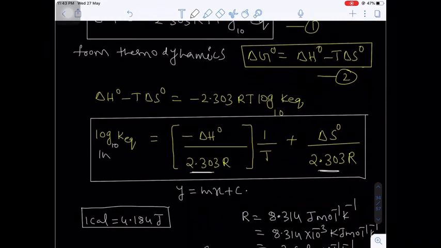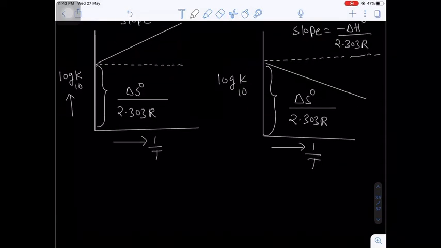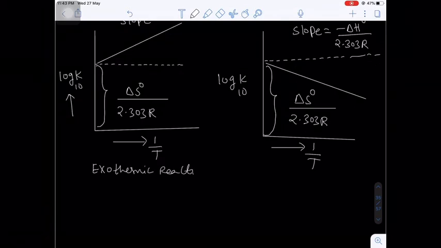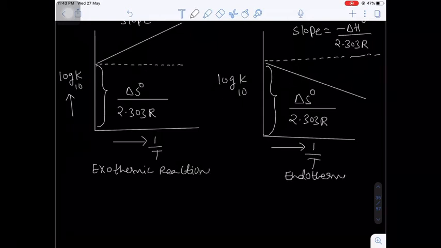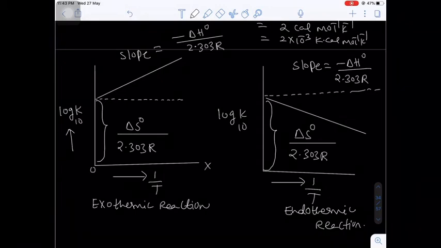Now in this graph, the first graph corresponds to an exothermic reaction, and the second graph corresponds to an endothermic reaction. If you have any doubt, again the same concept. On the x-axis, 1 by T increases means T decreases, but log K increases means K increases.